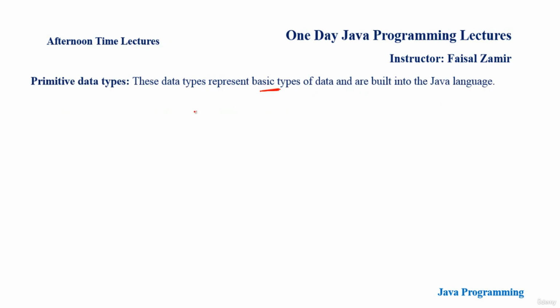Their memory size will be fixed. For example, you can see int, float, and also another data type, for example char, which you can use to store a character. These are the primitive data types commonly used in Java.